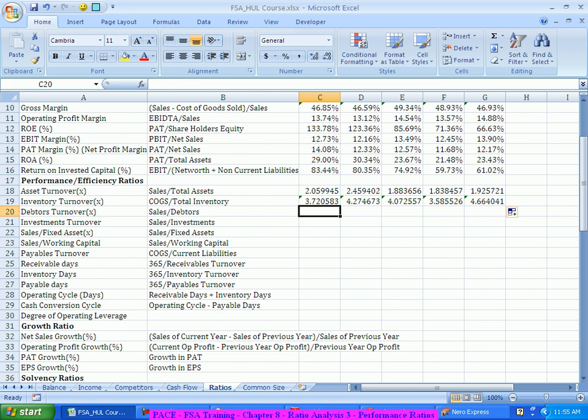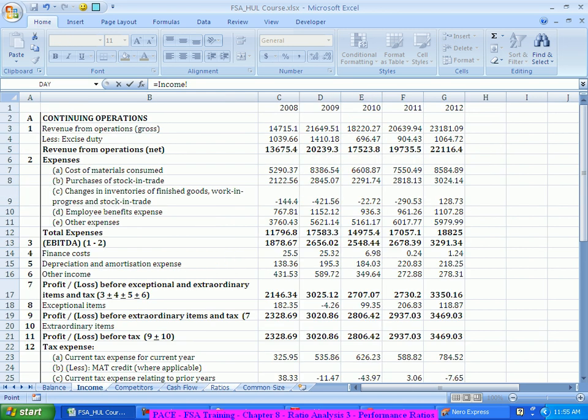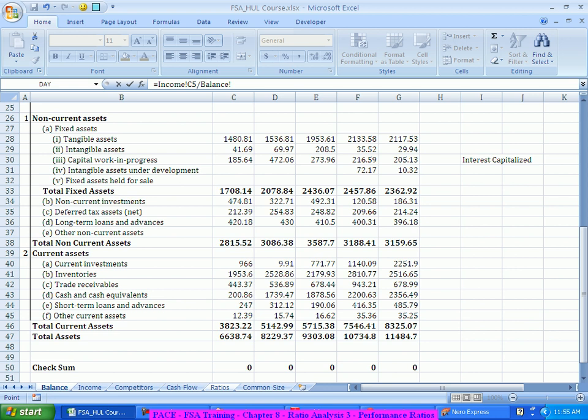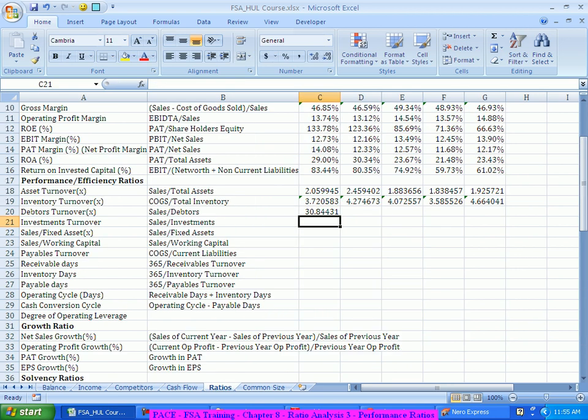Right? So if I simply look at this, it is sales by total receivables. So where I am taking sales as this number divided by the total receivables, trade receivables is this one. So what is this telling me? For every 30 rupees I have sold, 1 rupee is pending. 29 rupees I have collected, 1 rupee is pending.